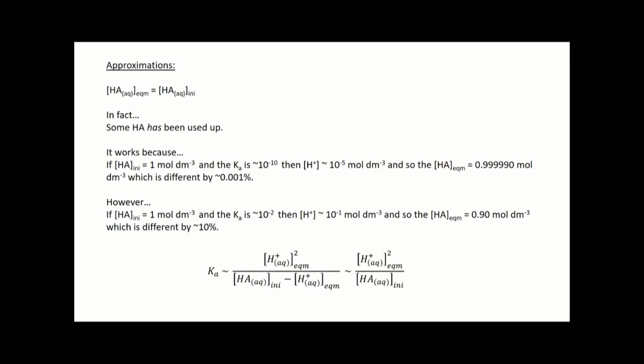So assuming that it works, we end up with an approximation which is H plus concentration squared at equilibrium divided by the initial concentration is approximately Ka.